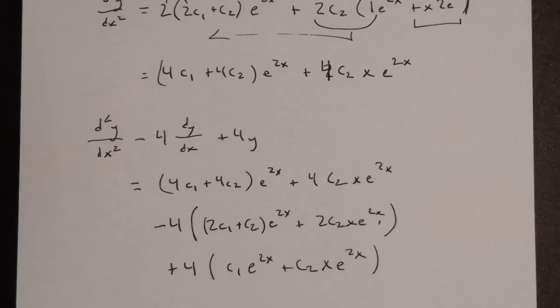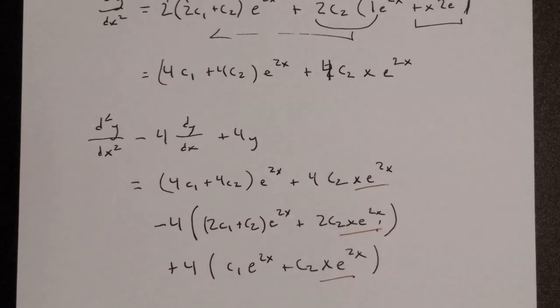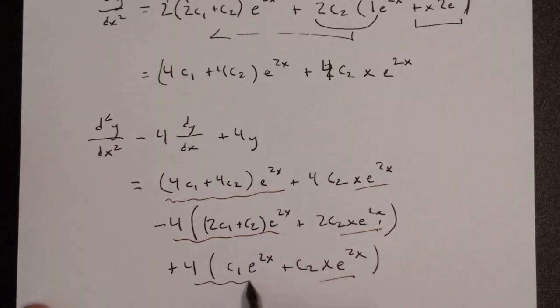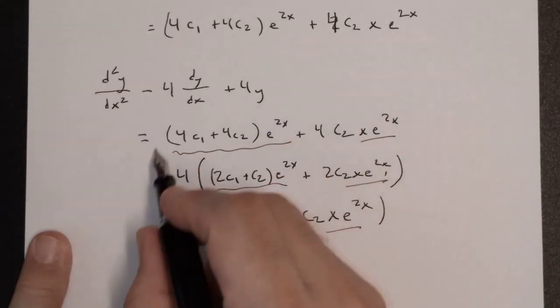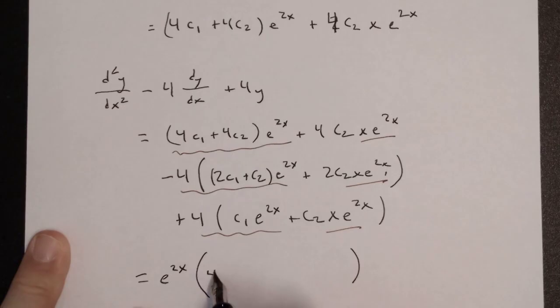Really, I only have 2 types of pieces here. I have the pieces with x e to the 2x, and then I have the pieces without the x, right? So let's count up how many we got. If I just look at the e to the 2x pieces, I got 4c1 plus 4c2.